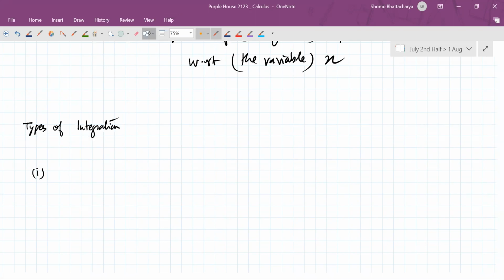The first is called indefinite integration.